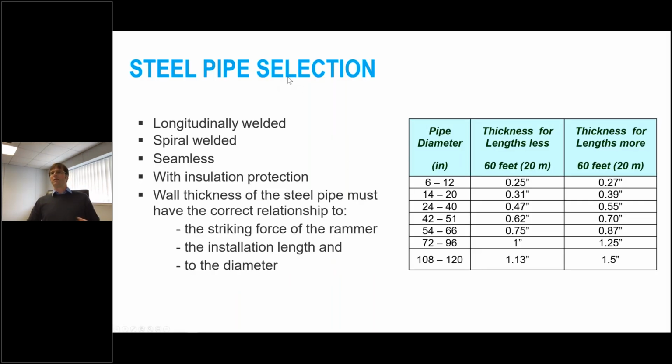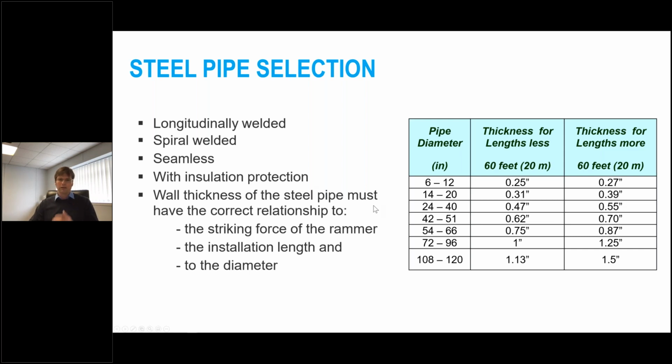When it comes to steel pipe selection, we can use virtually any steel pipe that is available in the market, whether they're longitudinally welded, spiral welded, whether they're seamless, whether they have insulation protection. But what is important is that there's a minimal wall thickness that we recommend.